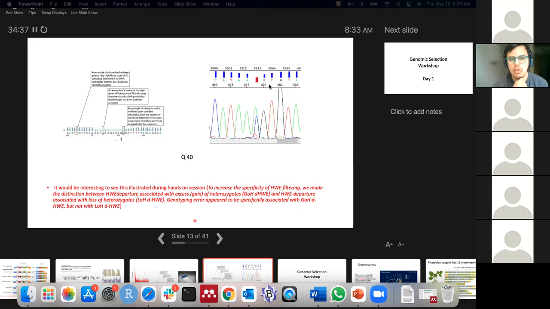In GBS, basically you just cut the DNA with a restriction enzyme, and then you put together all the pieces of the samples in your population, and you can identify the SNP variations, or the molecular markers, without using a reference genome. So that is possible, and there are multiple tools to do that.